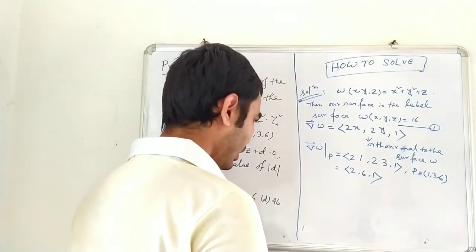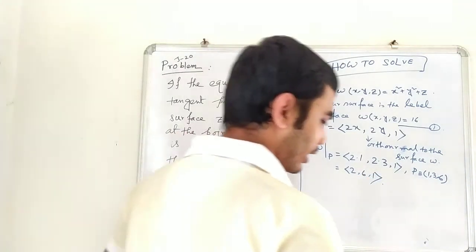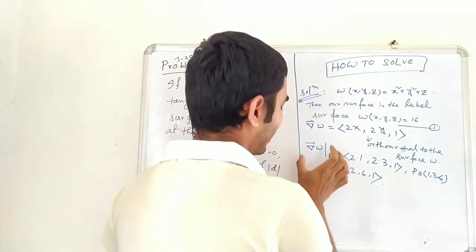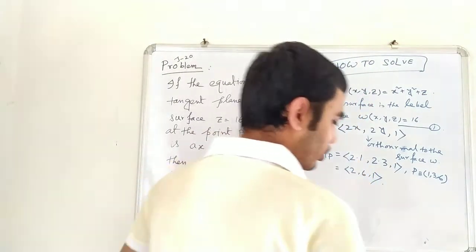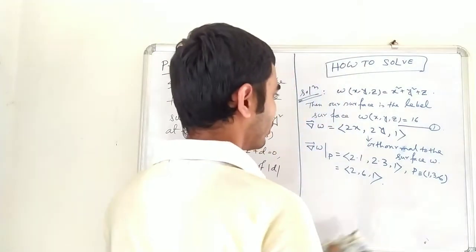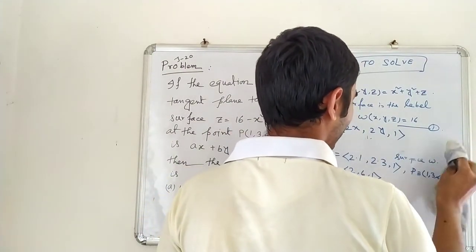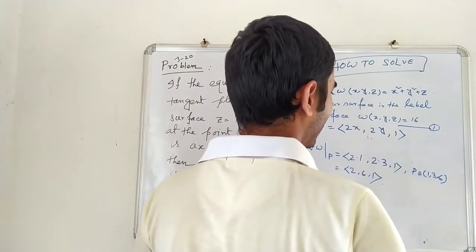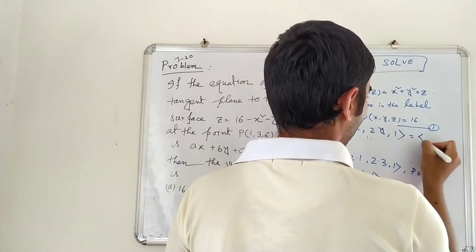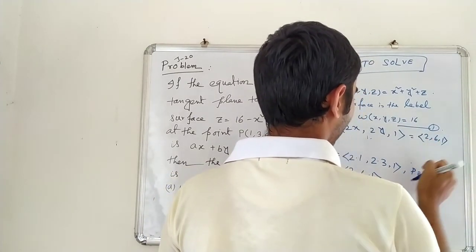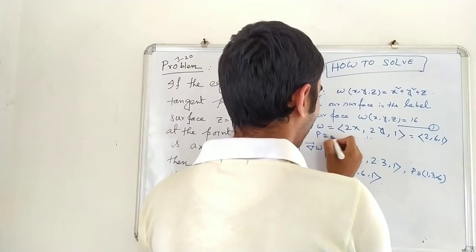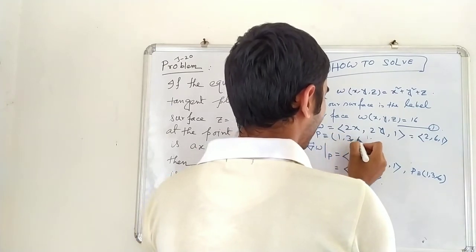Clear? So finally, the gradient of w at P is 2, 6, 1, and P is 1, 3 and 6.